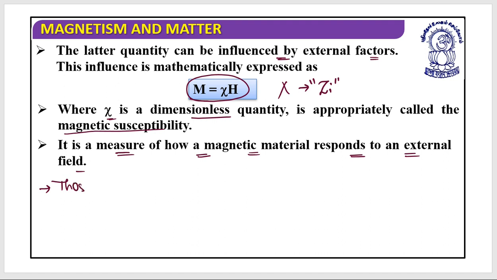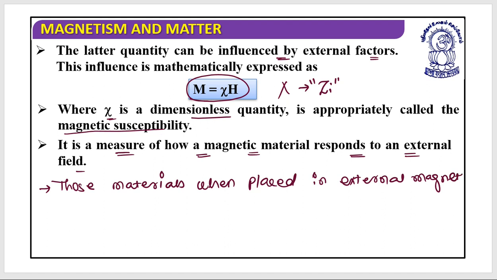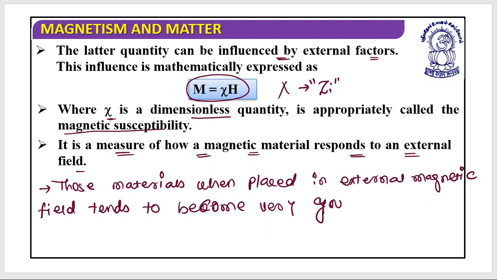Those materials which, when placed in an external magnetic field, tend to become very good magnets have a higher value of susceptibility.